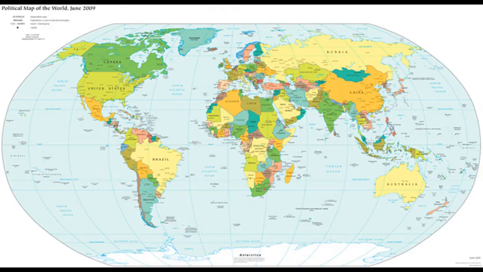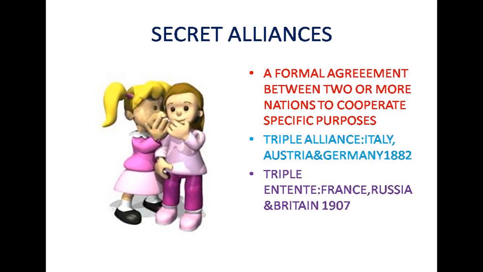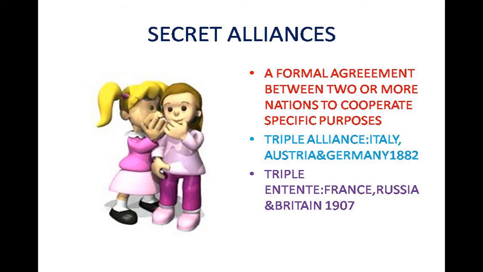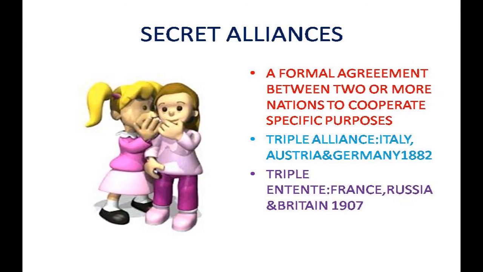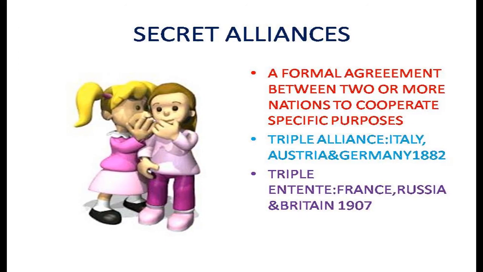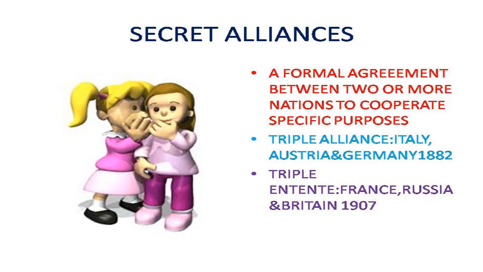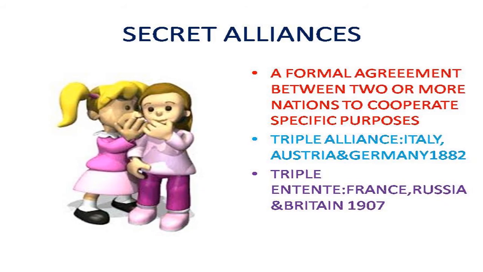And you know that no country can remain in isolation. So France did the same as the Germans did. France had a secret alliance with Russia in the year 1891, then with Britain in 1904. And for their security, France, Russia and Britain had a secret alliance in the year 1907, which was called the Triple Entente, and these two secret alliances were jealous and suspicious towards each other.